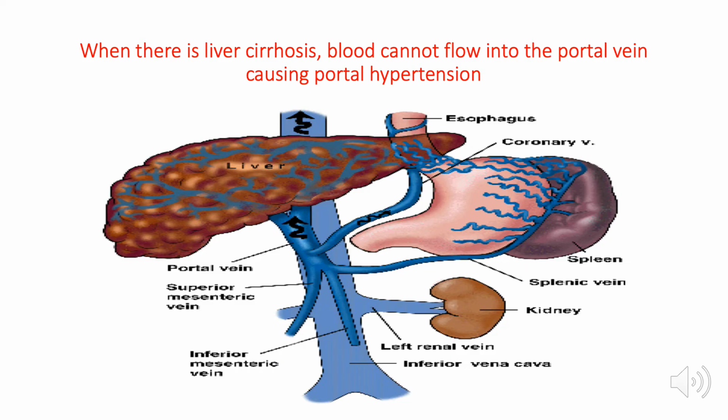And these branches will dilate because of the build-up of blood. That's why they will develop varices. In the picture, you can see that the varices can form at the distal portion of the esophagus as well as the stomach, because their venous drainage is part of the branches of the portal vein.